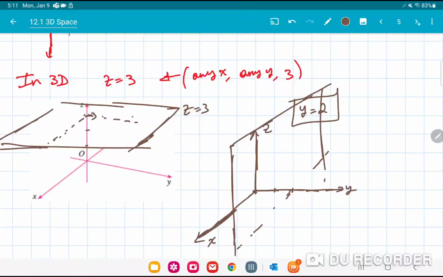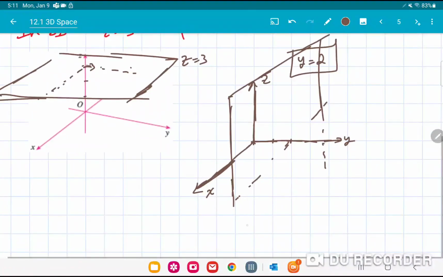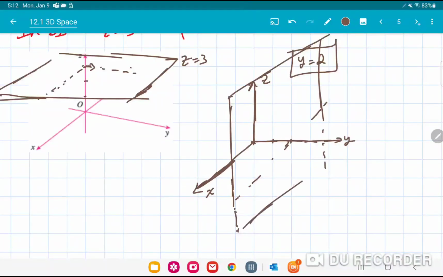It's a plane that's, in this case, a sort of vertical plane. Okay, and it's 2 units out from the xz plane, parallel to the xz plane. So that's the y equals 2 plane.